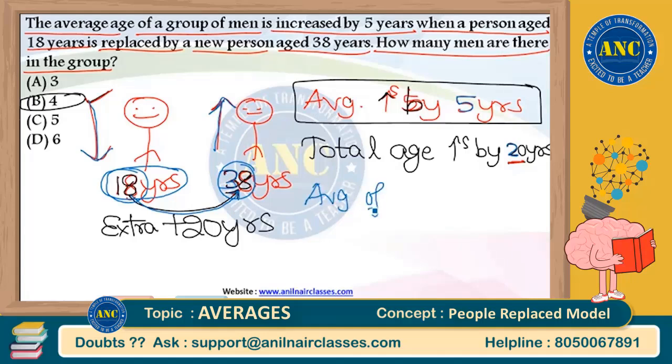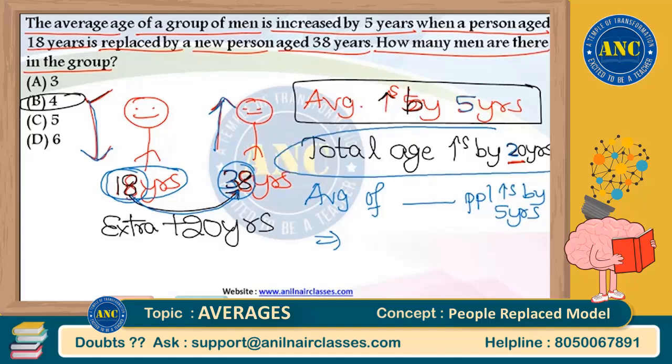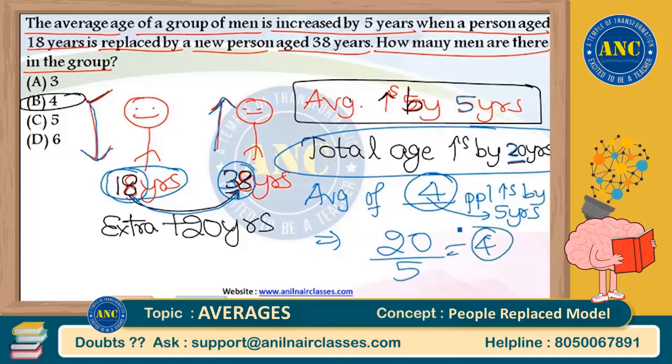Average of how many people increases by 5 years means total will increase by 20 years. Average of 4 people, if it is increased by 5 years only, total will increase by 20, right? 4 into 5 only, 20, right? Or 20 divided by 5 only is 4, right? Divya, I believe it is clear, ma.